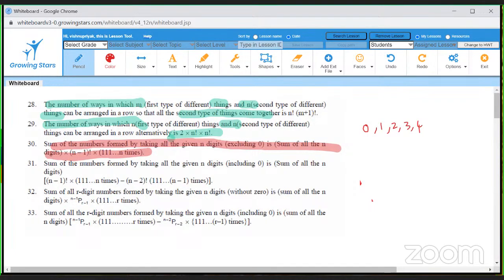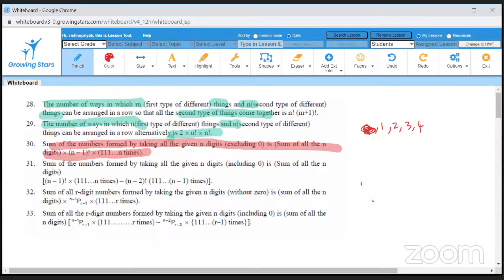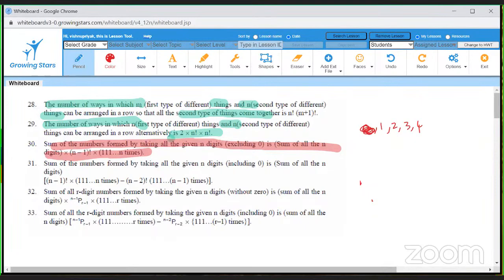So here 0 is excluded. Now I have only 1, 2, 3, 4. Now I will make as many numbers as possible with these 4 numbers. And after that, I have to find the sum of all the numbers which I made. So what will be the answer?